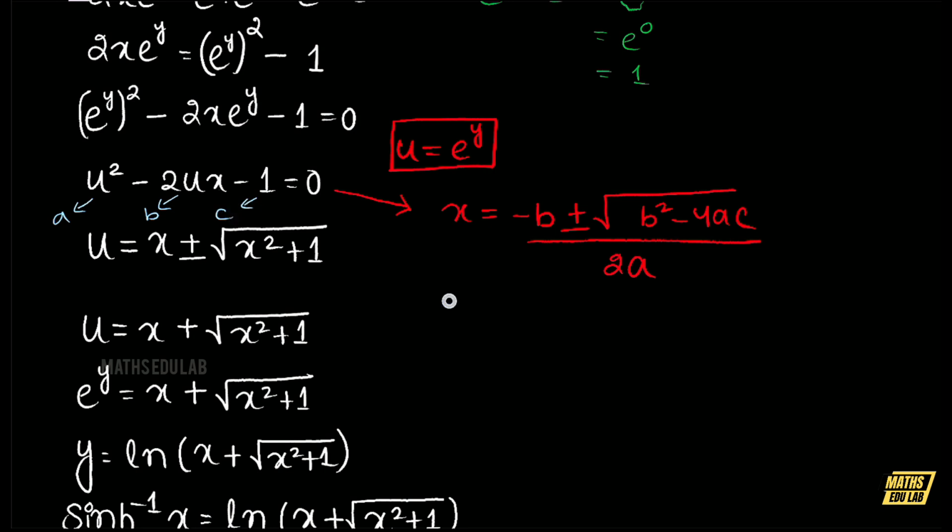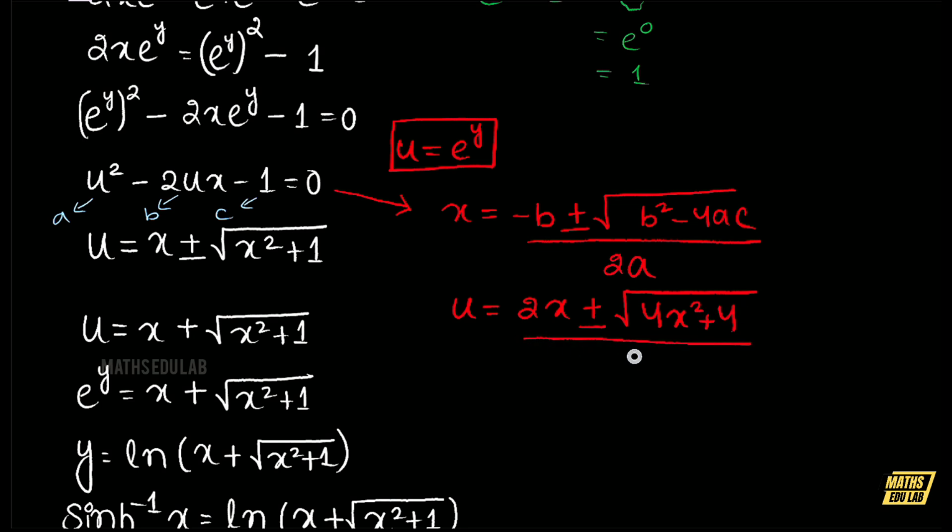Then I can substitute the values as u is equal to, so the b value is minus 2x, so 2x plus or minus root over, here the b square value, that means 4x square minus 4ac, where the a value is 1 and the c value is minus 1. On multiplying, we get plus 4, upon 2a.